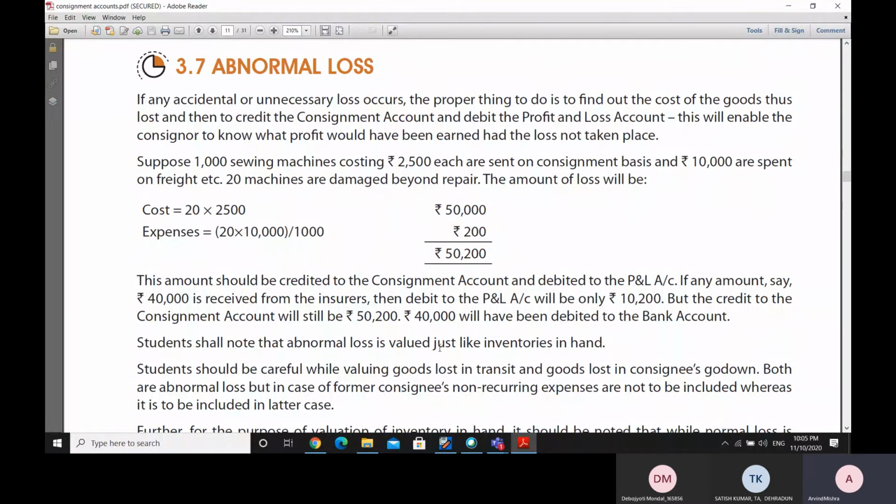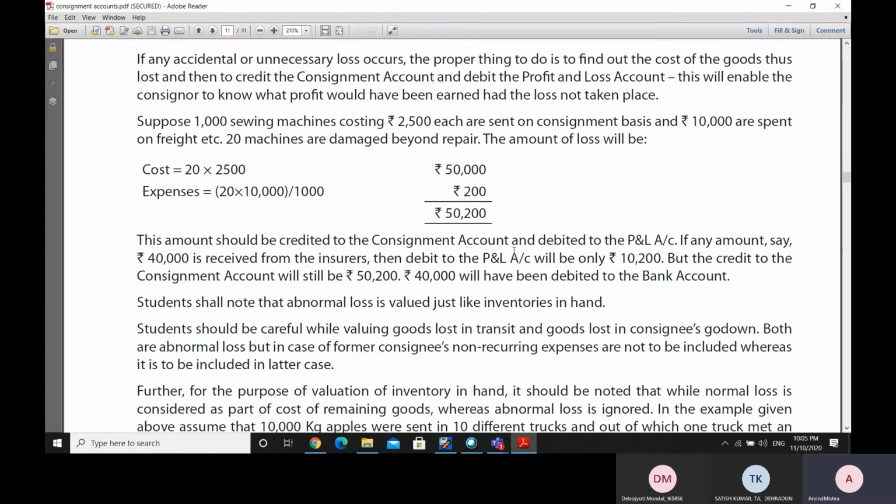So abnormal loss is therefore valued just like inventories in hand, because here also expenses are being added. In case of the abnormal loss also, just like we value the inventory, similarly abnormal loss is also being valued in the same way.